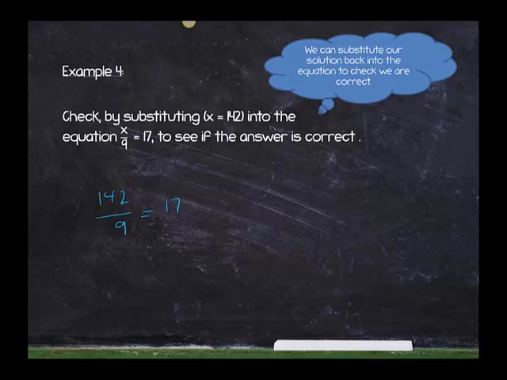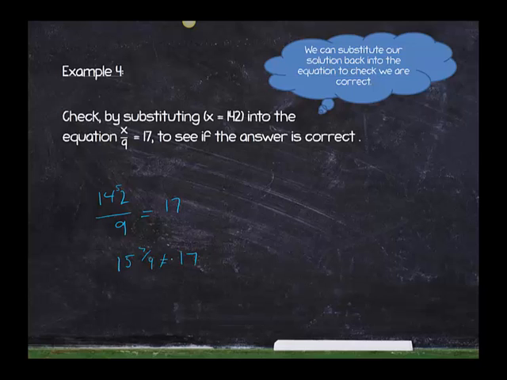Does 9 go into 142 17 times? Let's have a look. 9 into 14 goes once. Remainder 5. 9 into 52. How many times does that go? Well, 5 nines are 45. How many more makes 52? 7 over 9. That should equal 17. Does that equal 17? It doesn't.